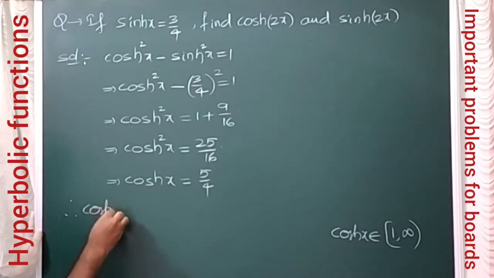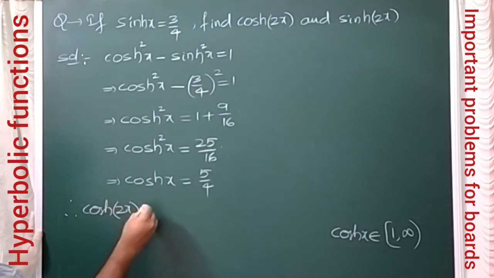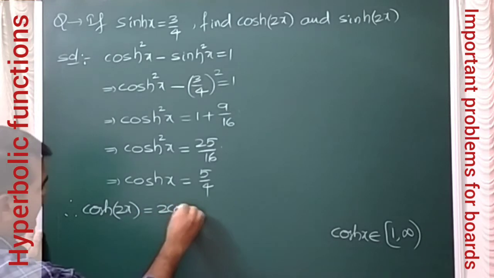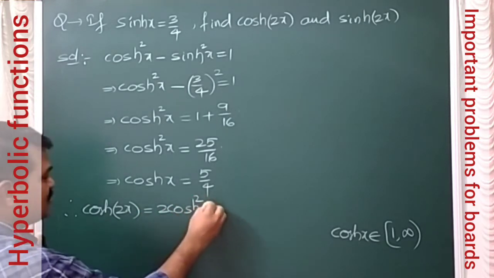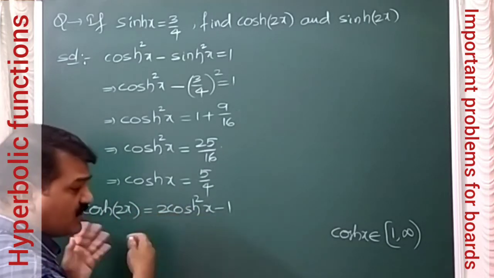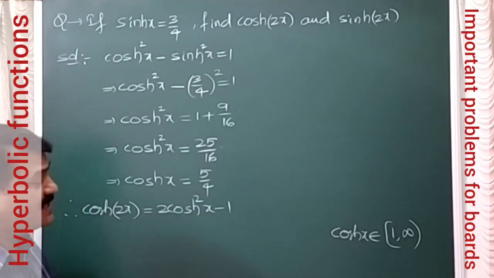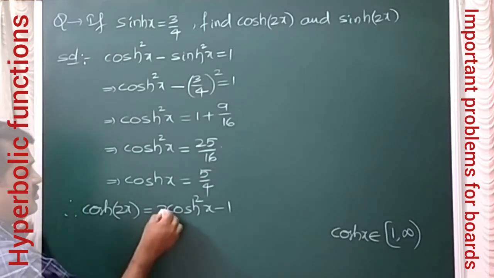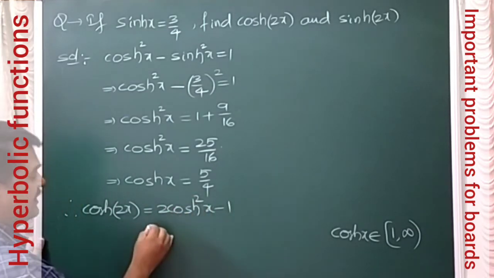Now using this, let us find the required part. So cosh 2x. We already derived these formulas. This is the formula, cosh 2x equals 2 cosh² x minus 1. All these formulas we had discussed in the previous video. So 2 cosh² x minus 1.